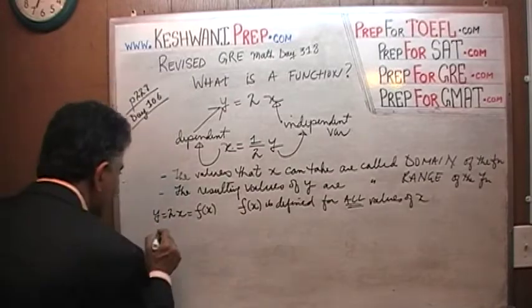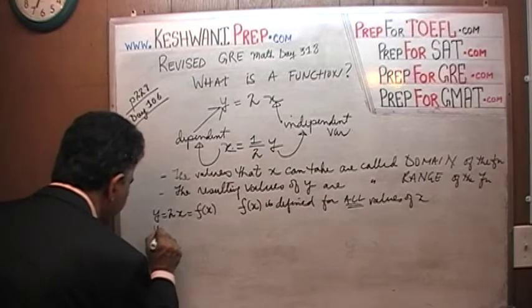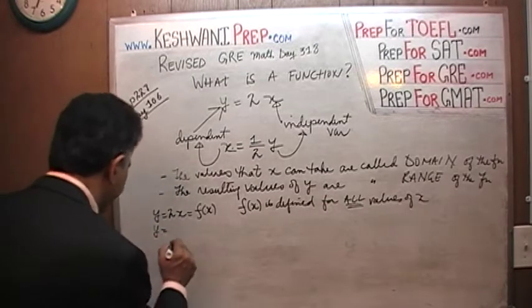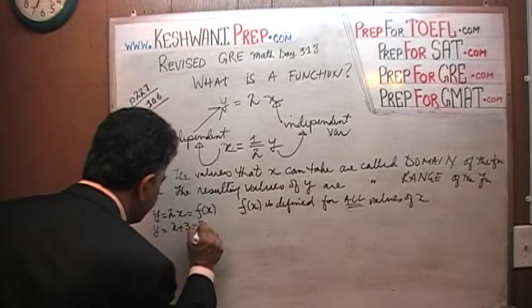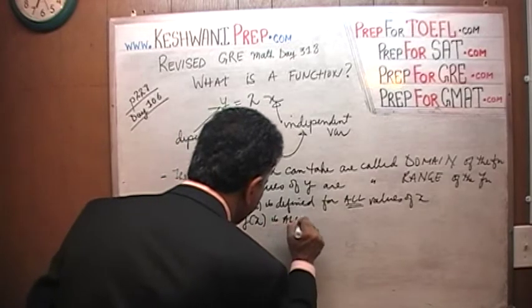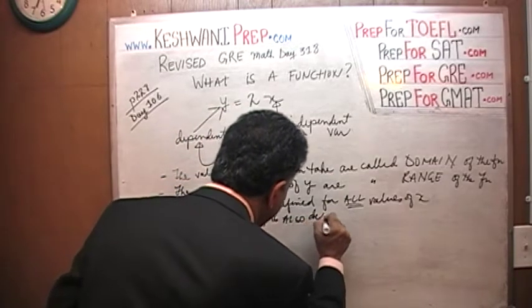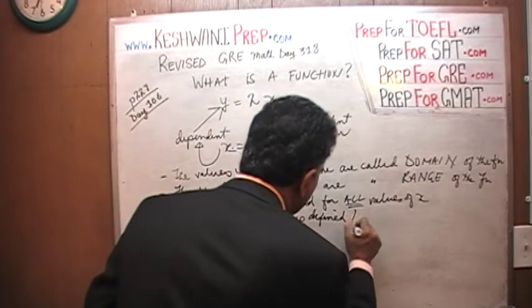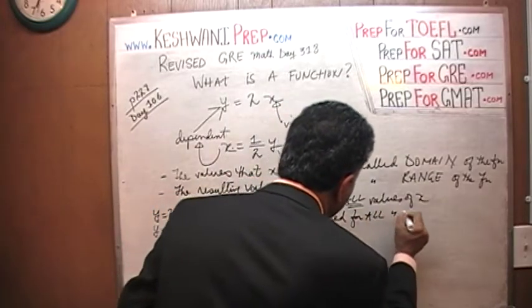Similarly, g of x, which was y equals x plus 3, is also defined for all values of x.